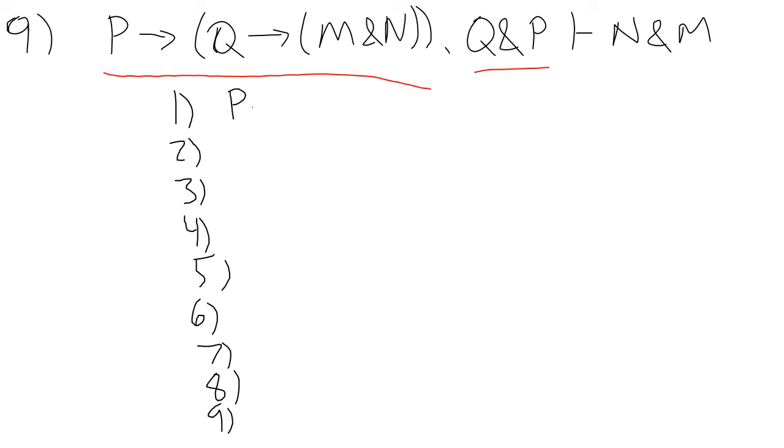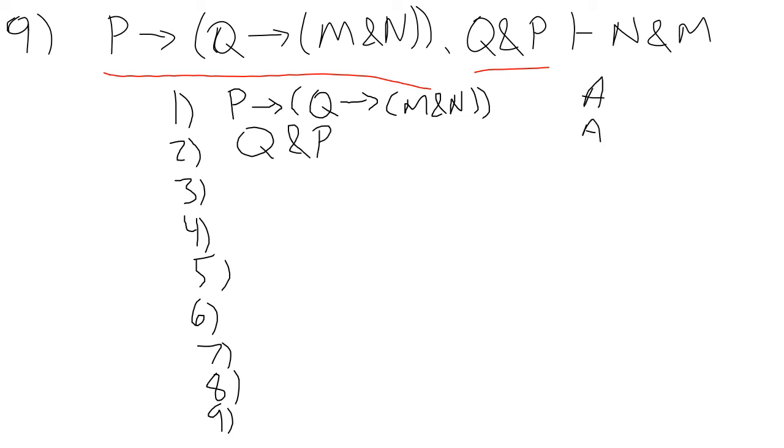So we'll write P arrow, Q arrow, M and N. That's our first premise, and our second premise is Q and P. We'll mark them with A's because they are our assumptions. They are associated with lines 1 and 2 because that's where they appear. Again, assumptions are where we introduce numbers here on the left-hand side, because we want to identify which premises we are including when we are exercising the rules that we use.